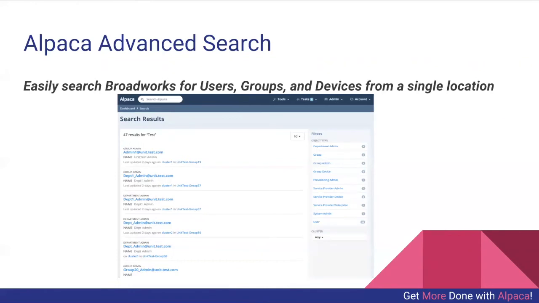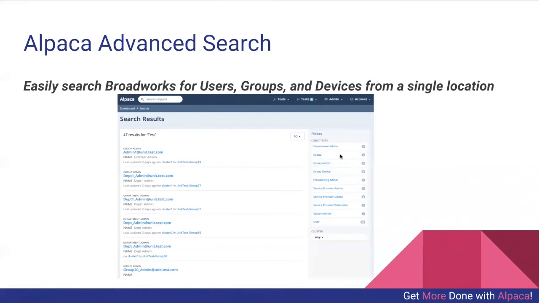Unlike in BroadWorks, where if you want to search for a user, you have to know the first name or the last name or the MAC address or the user ID, we can actually search across multiple object types. When I typed test initially, I got 47 results, and you can see that one of them was a group admin, another one was a department admin.